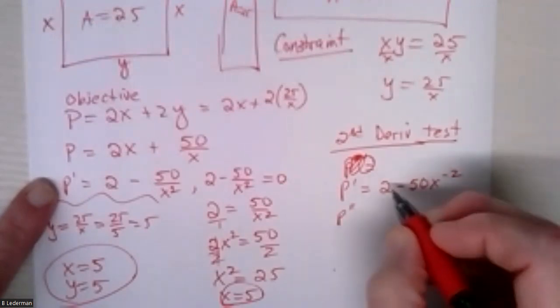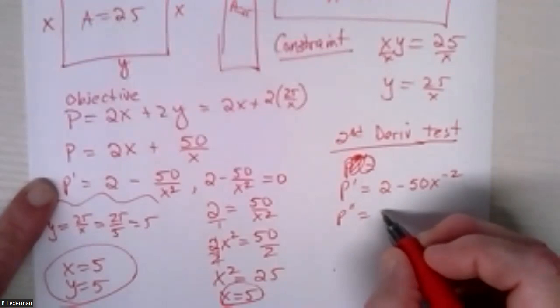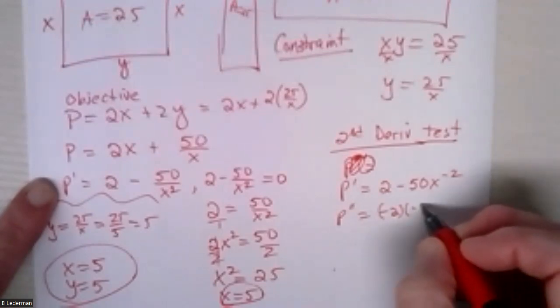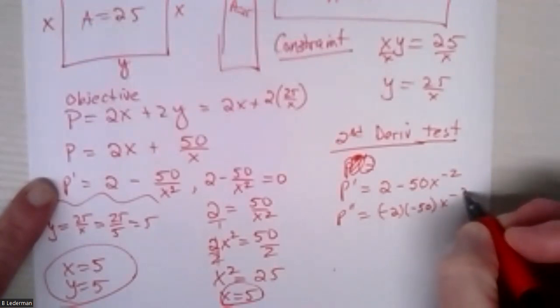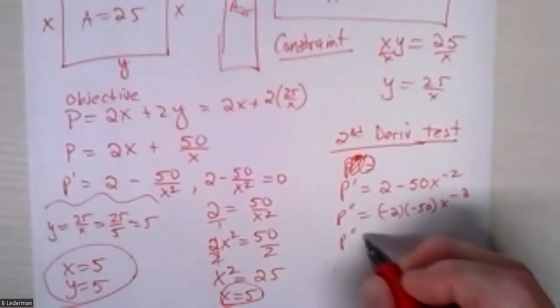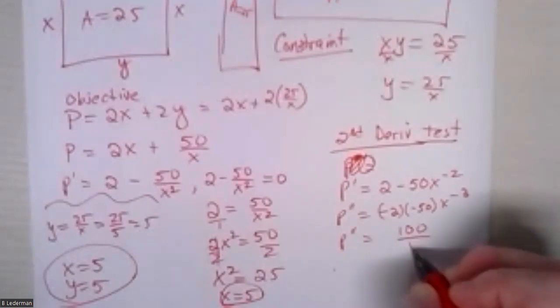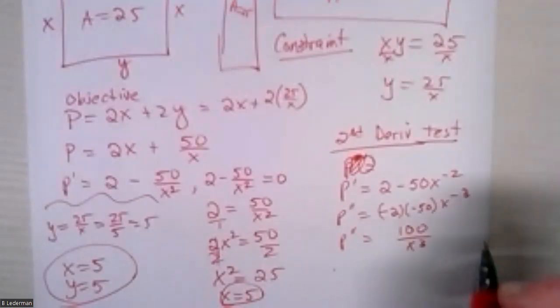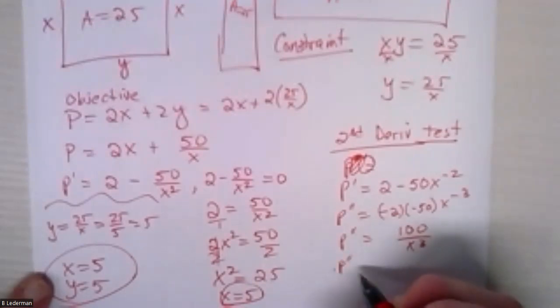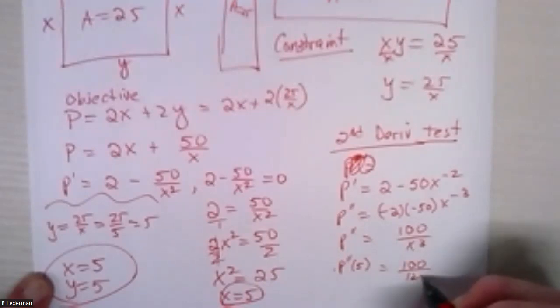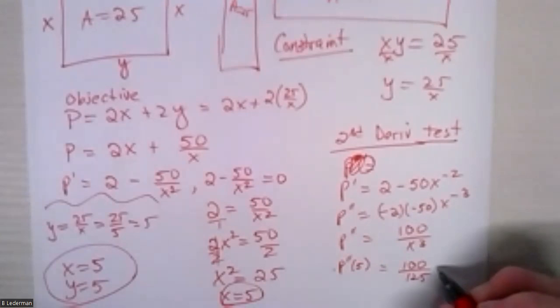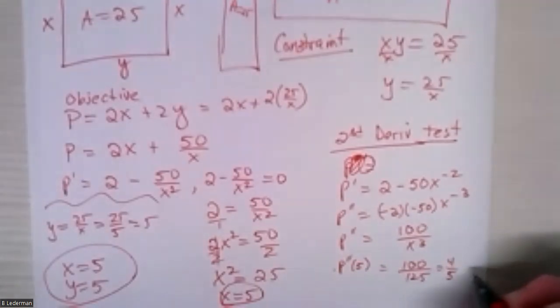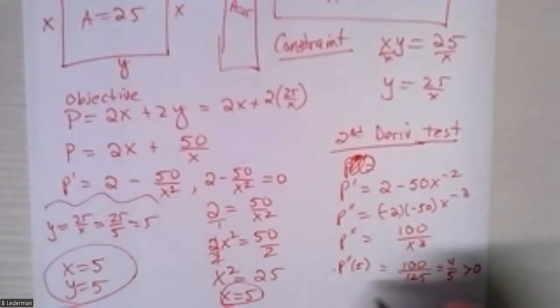So P double prime is equal to negative 2 times negative 50 times x to the negative 3, which in other words is positive 100 over x cubed. Clearly, P double prime of 5 is equal to 100 over 125, which equals 4/5. But more importantly, it's greater than 0. Greater than 0 means that it's concave up, which means I have a minimum.